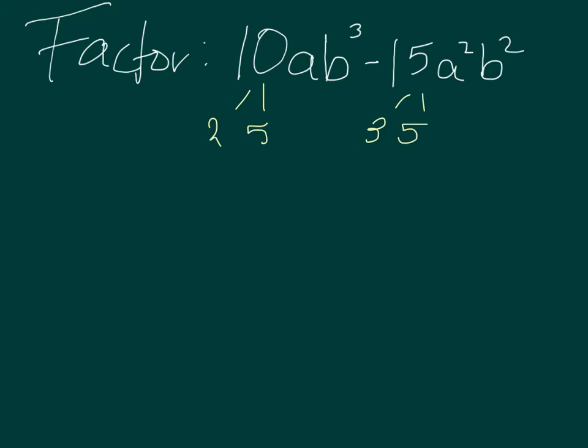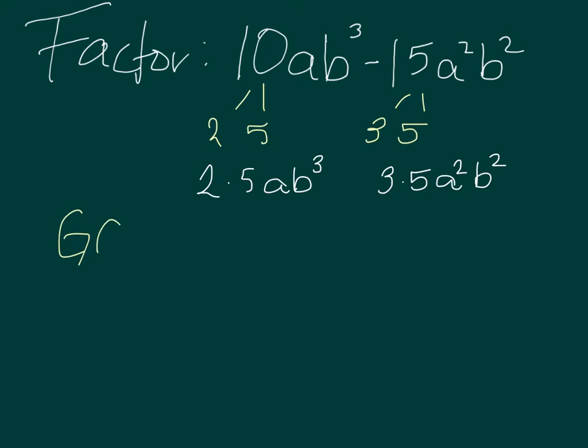So my prime factorization of these are going to be 2 times 5ab cubed, and this is 3 times 5a squared b squared.